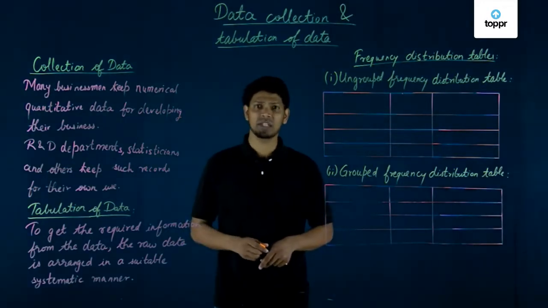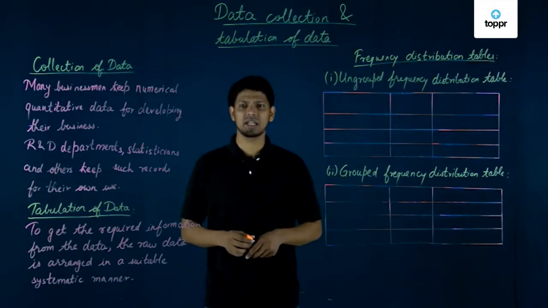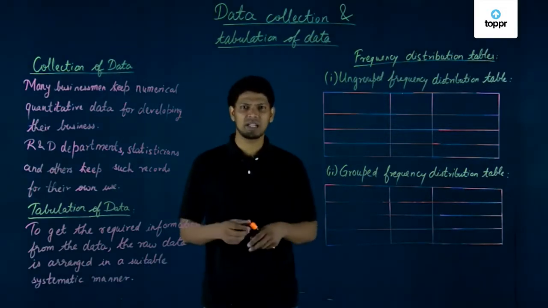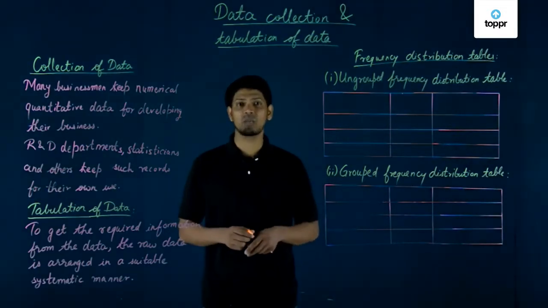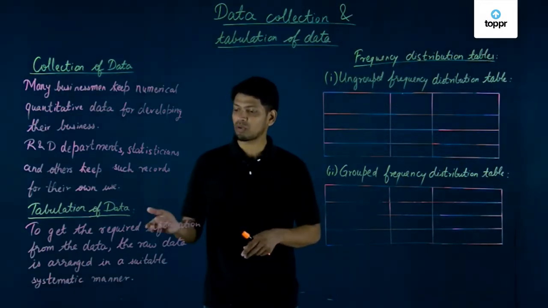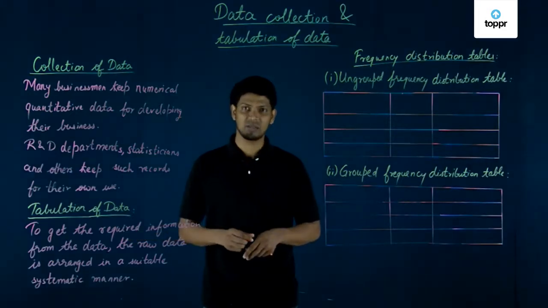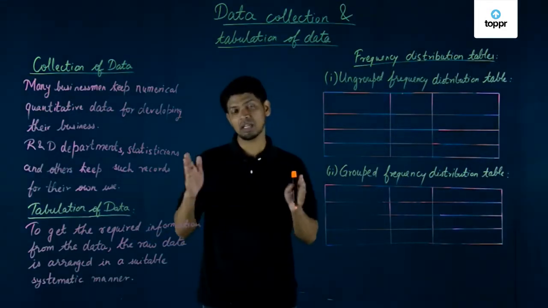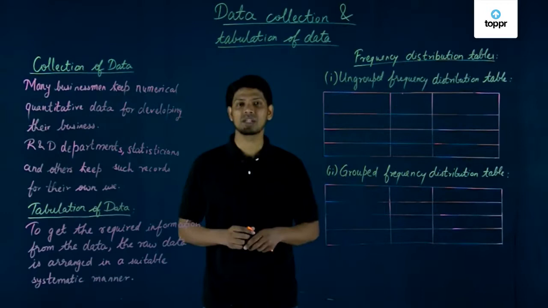And the tabulation of the data: once data is collected, if it is kept randomly and not in a systematic way, then it is not of use. So to get the required information from the data, the raw data is arranged in a suitable systematic manner. Once you arrange it systematically, the data can be used effectively.